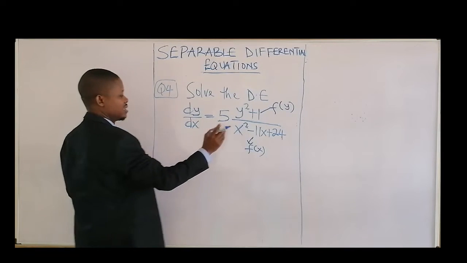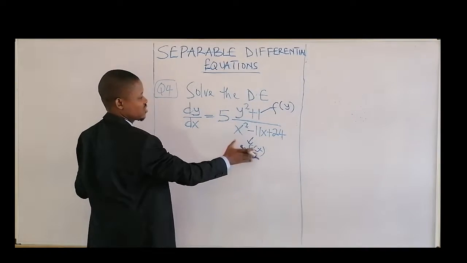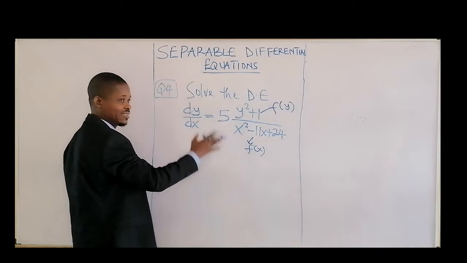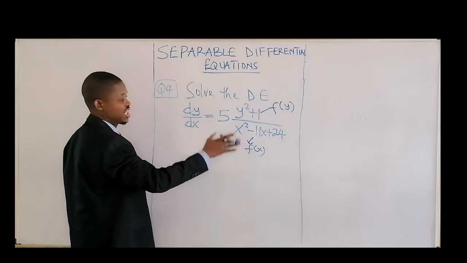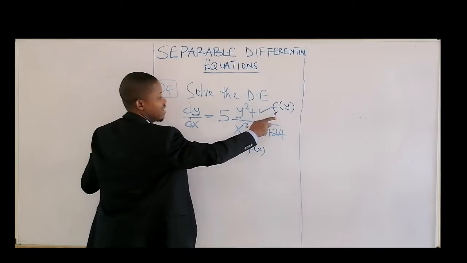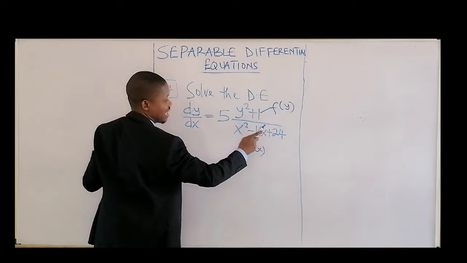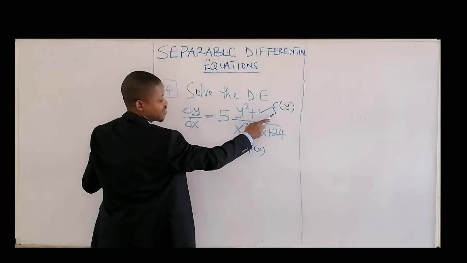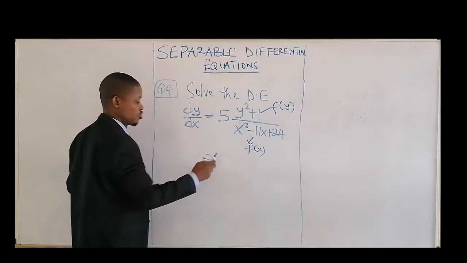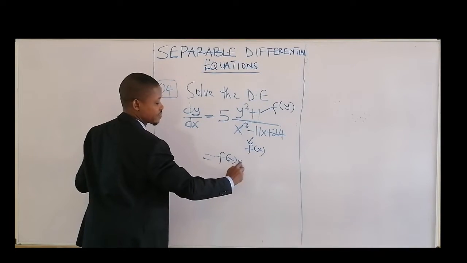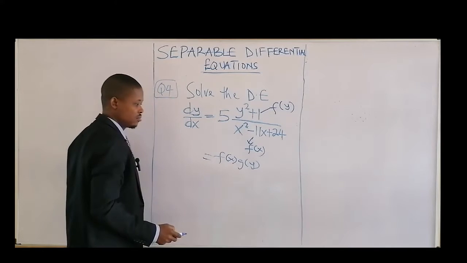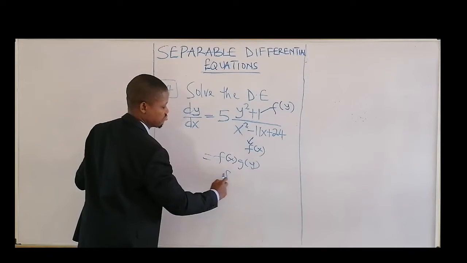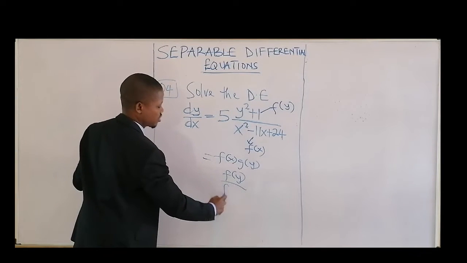Before we separate the variables, this is what will tell you that this is a separable differential equation when you have f of x and f of y. A separable differential equation could take the form of this, like we have in this question.